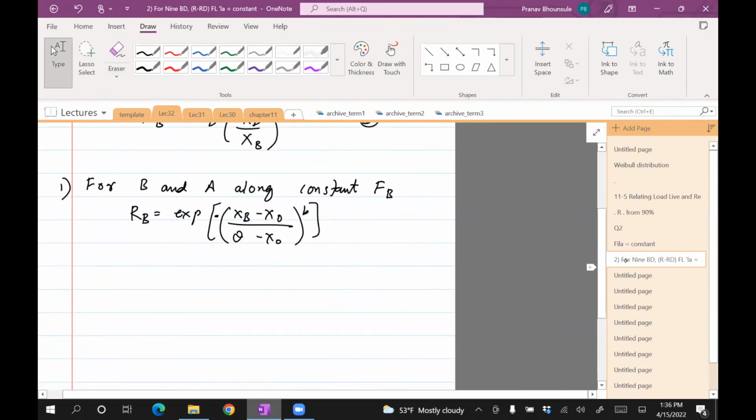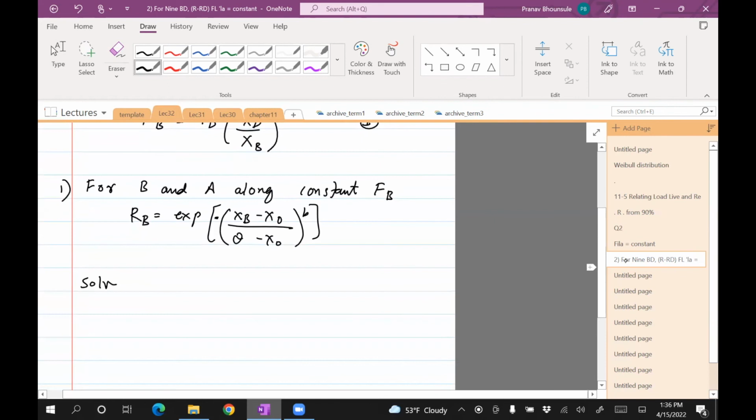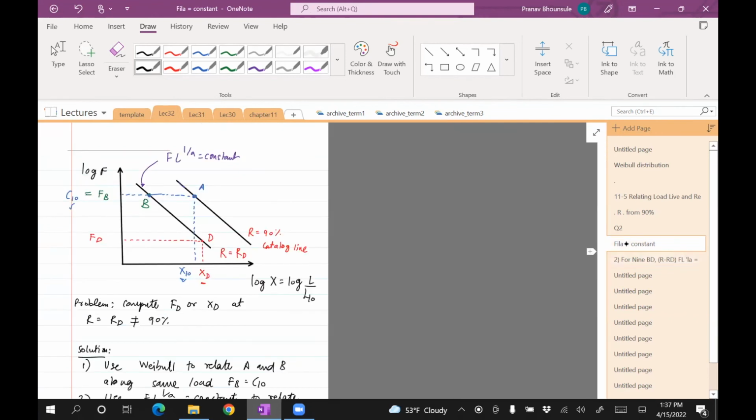Okay, so let's now solve. This is a reliability equation, but let's solve for XB, and note that RB equals RD. That is, in other words, the reliability at B is the same as the reliability at D because this is the constant reliability line.